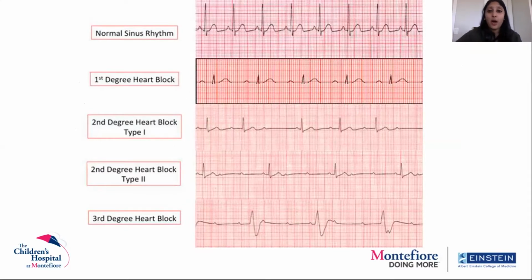So let's walk through this. Over here is a normal rhythm, what we call a normal sinus rhythm. Sinus being the rhythm that comes from the sinus node, that is the upper chambers of the heart, the right side. So you see this tiny little blip, which we call a P wave, it was named randomly as a P wave.